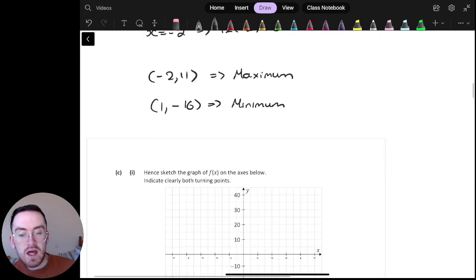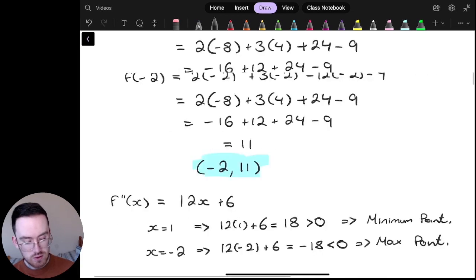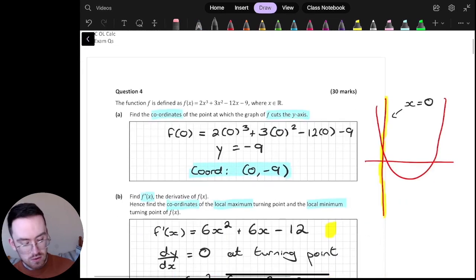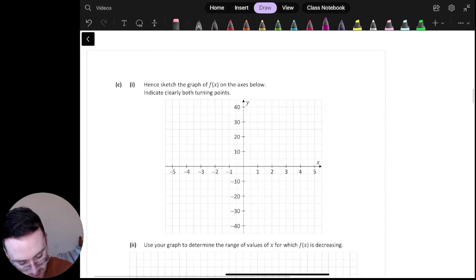Okay, we're asked then to sketch the graph of f of x, so we have to think about what are the points that we've been told. Going way back to the first question, we were told that the coordinates where the graph crosses the y-axis is 0, minus 9. So let's mark that one in first. That's going to be around about here.